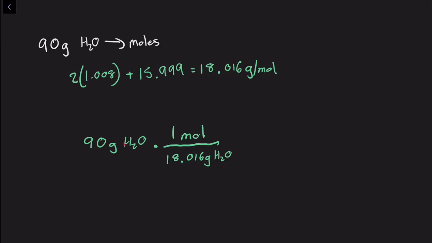Again, we're going to cancel out grams of H2O on the top with grams of H2O on the bottom, and we're going to do 90 times 1 over 18.016, which we can rewrite as 90 over 18.016 moles, which just simplifies to 5 moles of H2O.